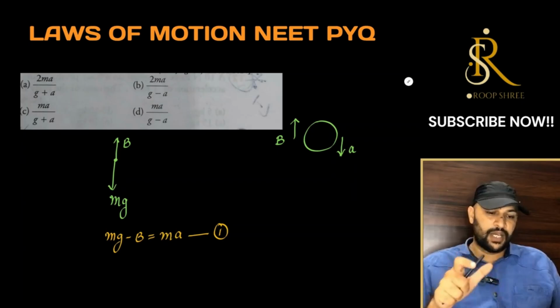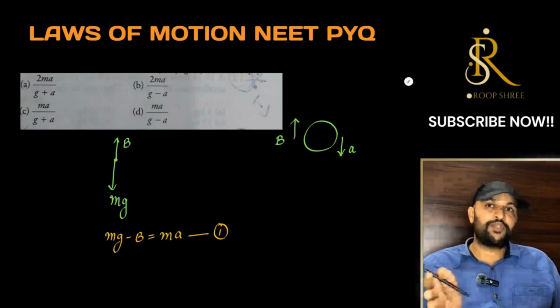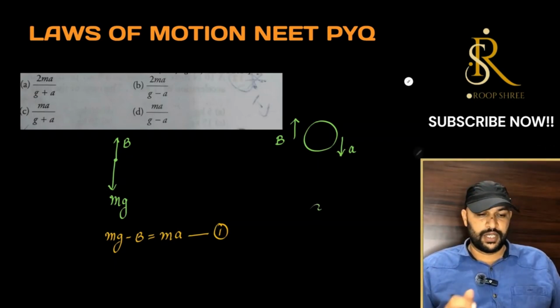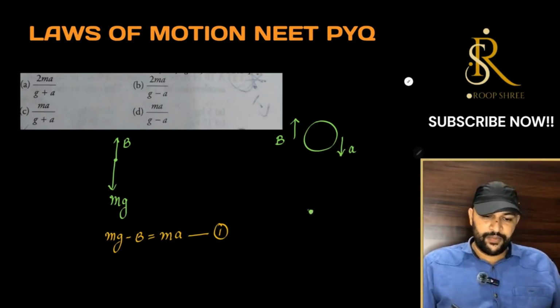If you remove the mass, the balloon will feel lighter, which means the buoyant force becomes more than the weight of the balloon. So let's draw the FBD once again. This is our new balloon, the same balloon from which we have removed the mass. The new mass will be m dash, which we have to calculate.